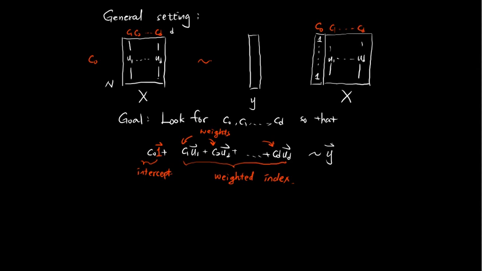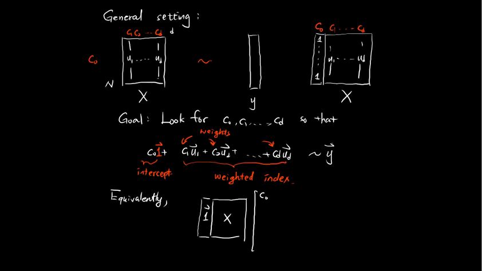So equivalently, we are looking for this x and trying to augment that by a vector 1. And then we are looking for some coefficients. You see the coefficients put on the top is the same as the matrix multiplication.